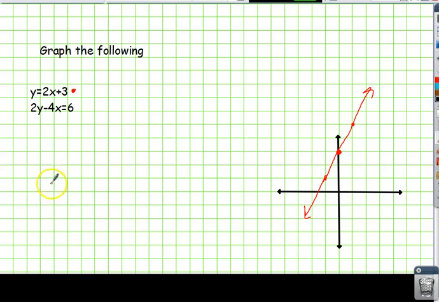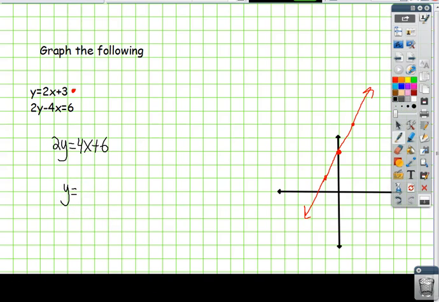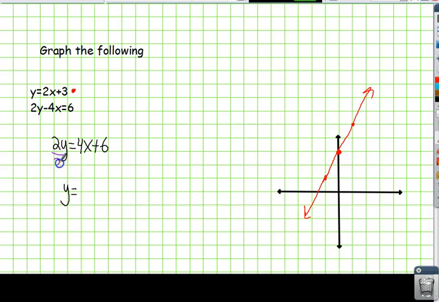So this particular graph, I'm going to solve for y, which means I'm going to add 4x to both sides. Is y by itself? No. So I'm going to divide everything by 2. And I do mean everything, because sharing is caring. Thank you, imaginary voice in my head. So we divide everything by 2.